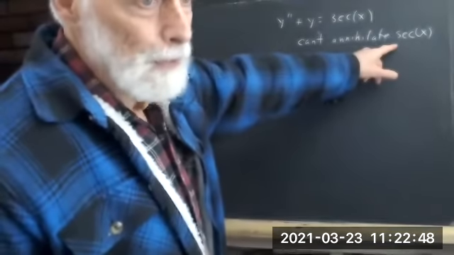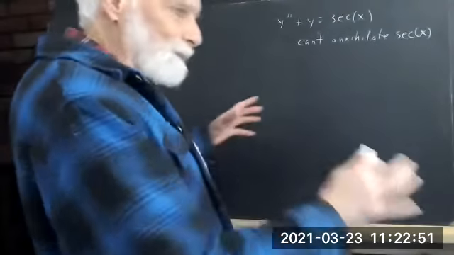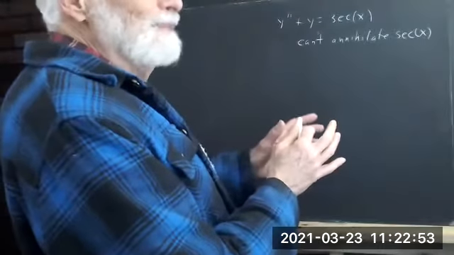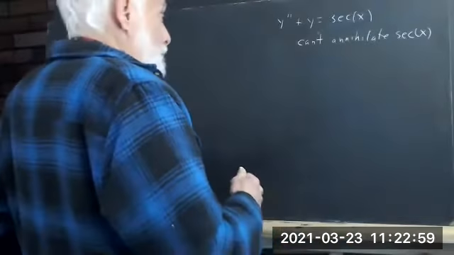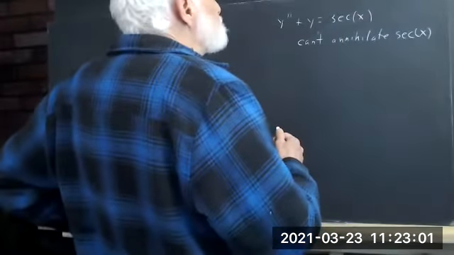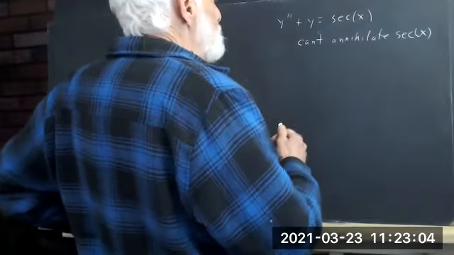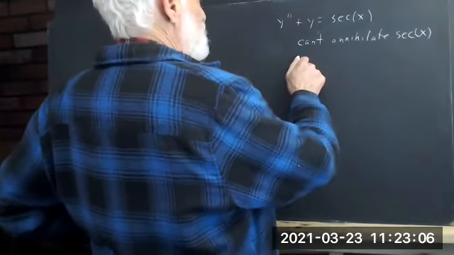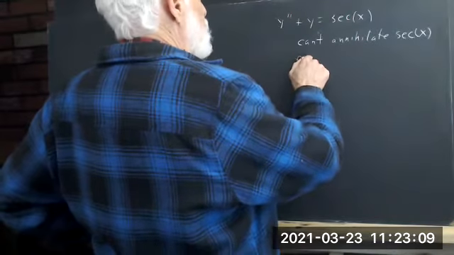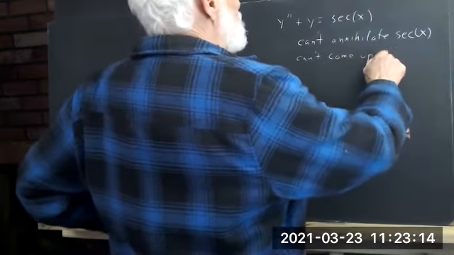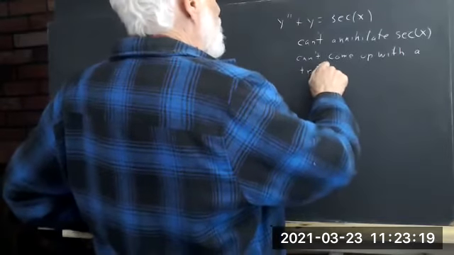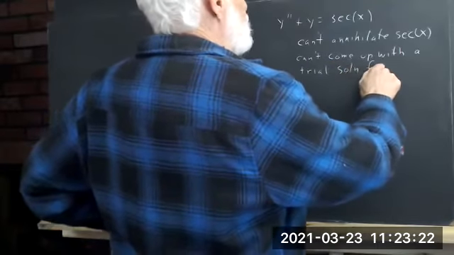If you want to prove that to yourself, just start taking derivatives of the secant. Every derivative pretty much doubles the number of terms that you have. And equivalently, you can't come up with a trial solution for undetermined coefficients.